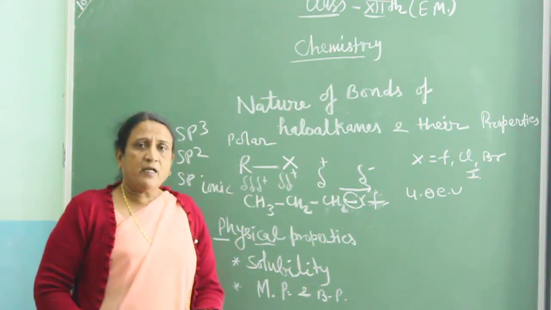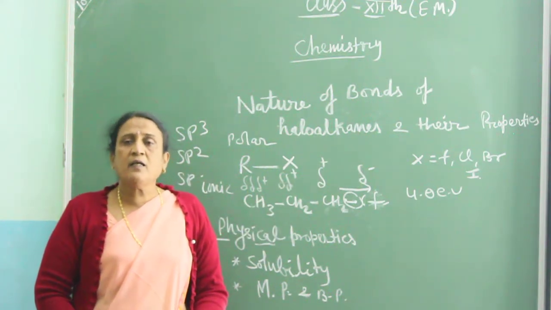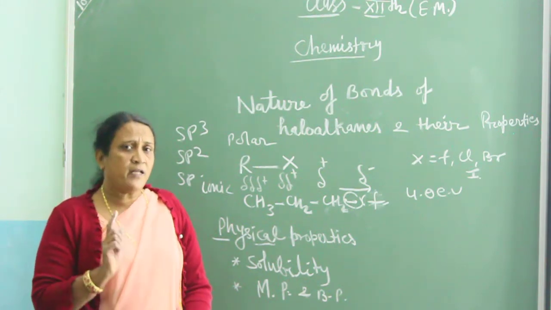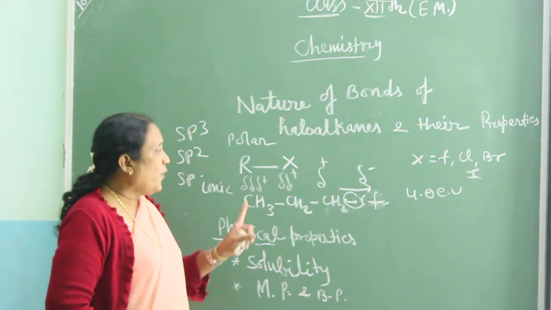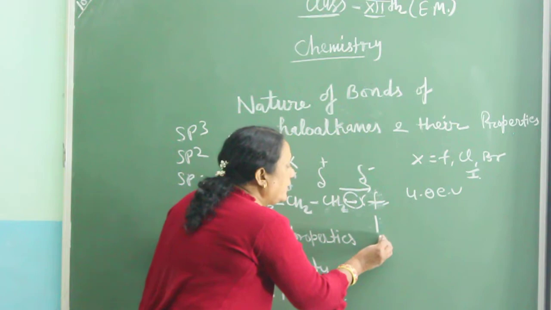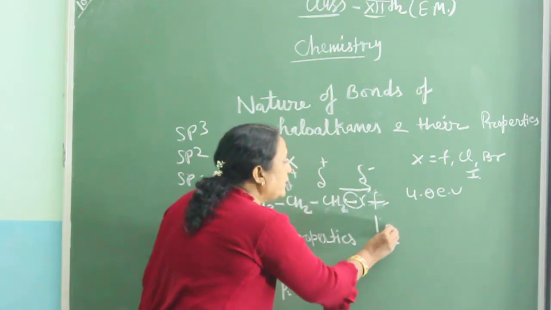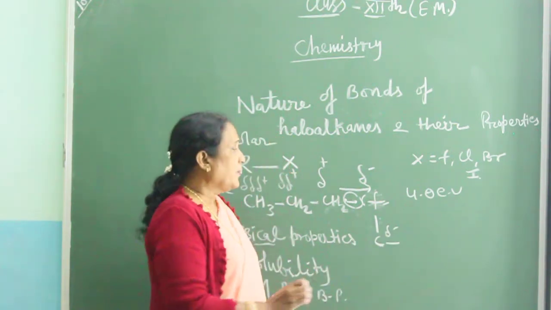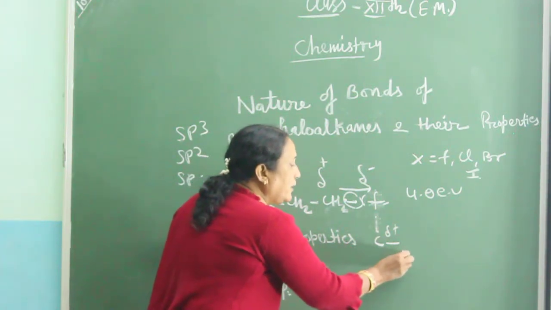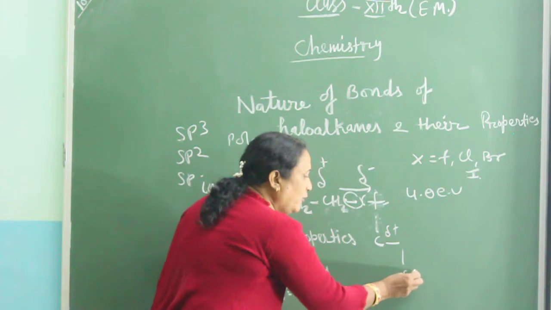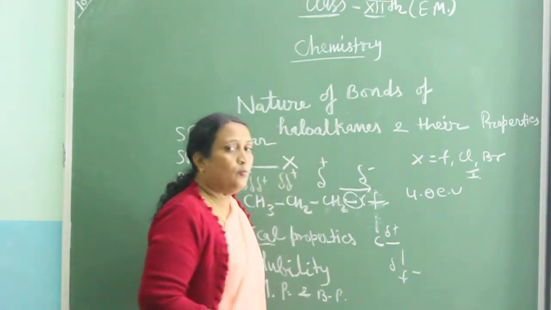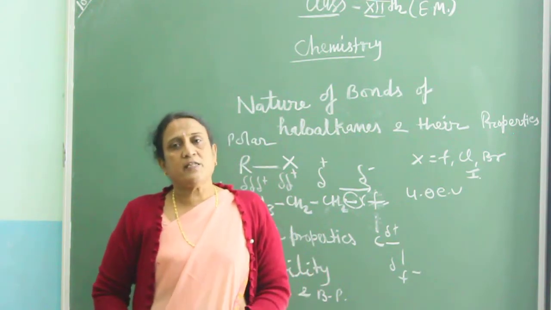When polarity comes, many physical and chemical properties of the compound change. The first change observed: when the charge is developed, the negative charge starts to attract the positive part. Then again, the positive part attracts the negative part like fluorine. Due to that, molecules are associated.